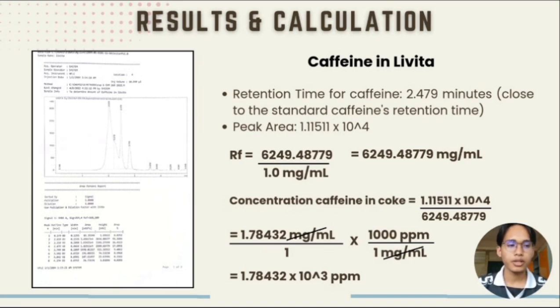And we got 1.11511 times 10 to the power of 4 mg per mil. So lastly, the concentration is multiplied by 1000 ppm per 1 mg per mil also to get the final result in ppm unit. Thus, the caffeine concentration in Nivita is approximately 1.78432 times 10 to the power of 3 ppm.